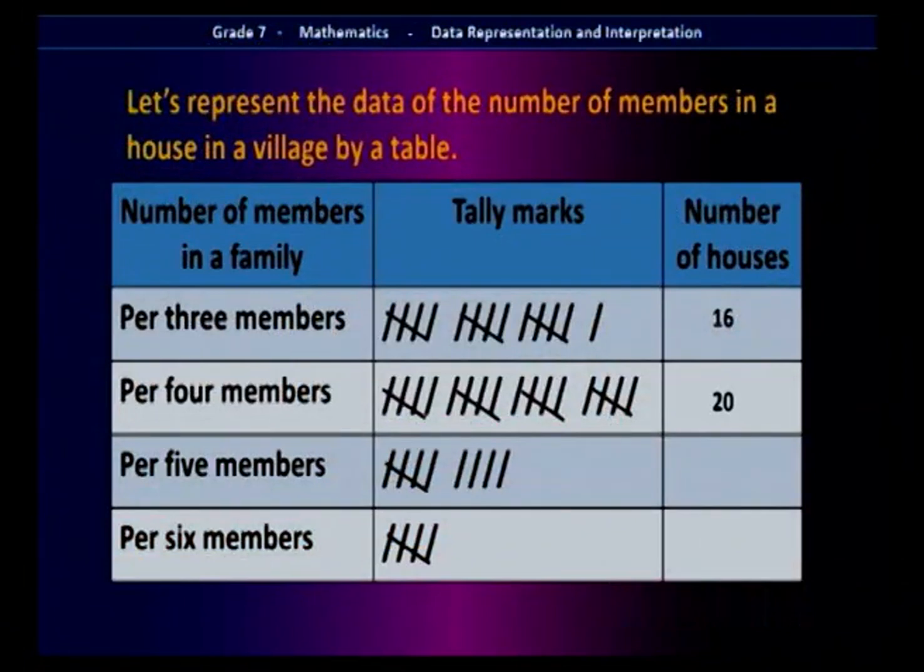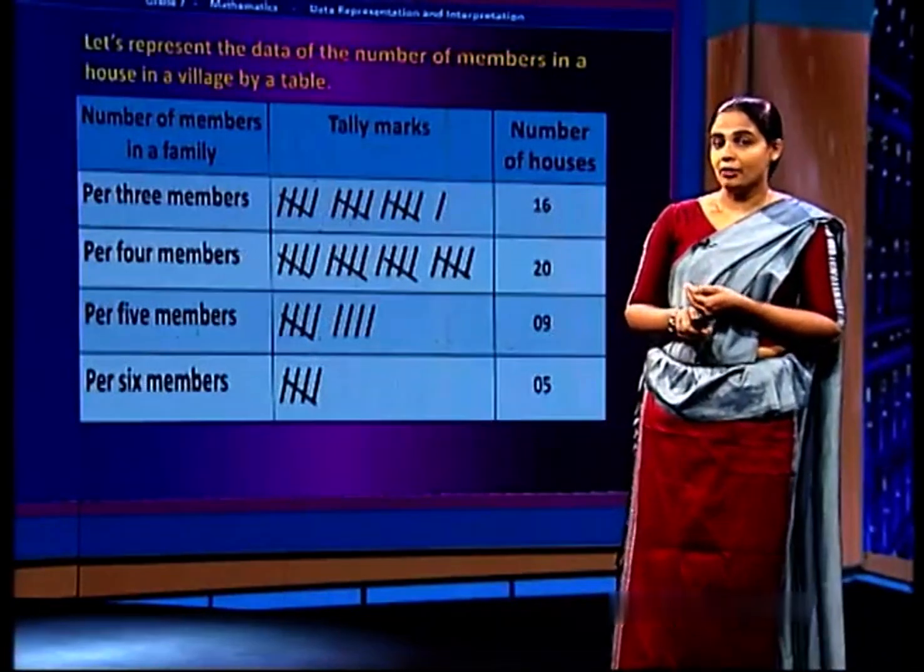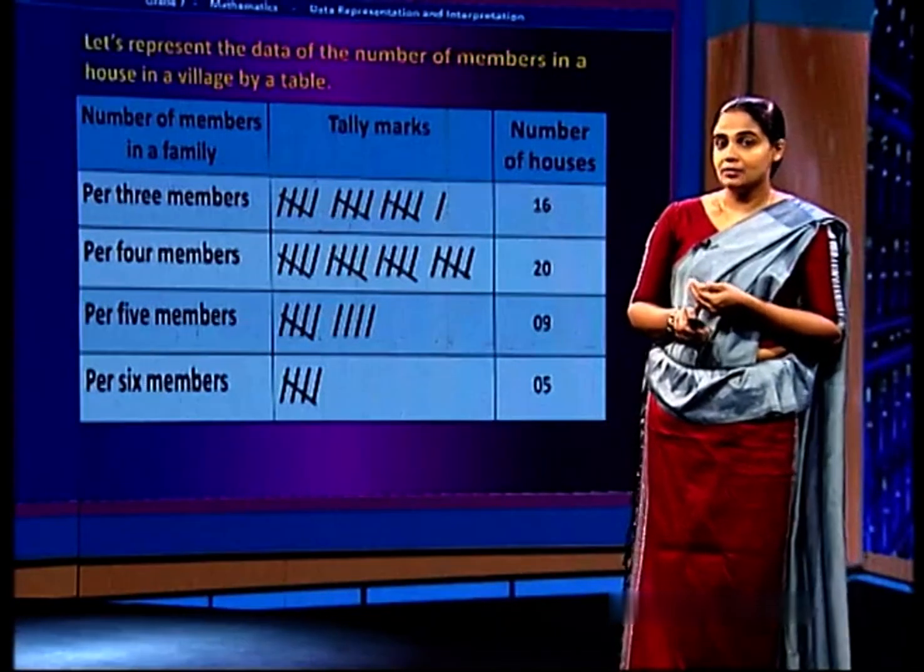Per 5 members, what is the number of houses? It is 9. Then per 6 members, the number of houses is 5. Is it clear? Then you can recall your knowledge of collecting data using tally marks. It was the better method. It is the best method to collect data.